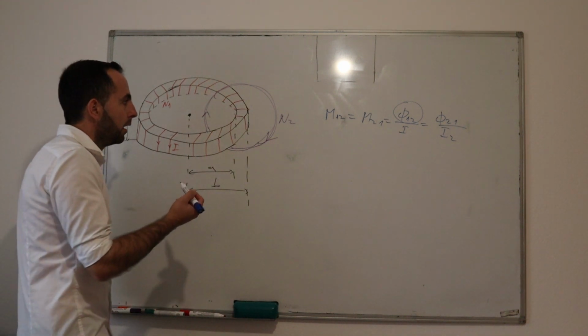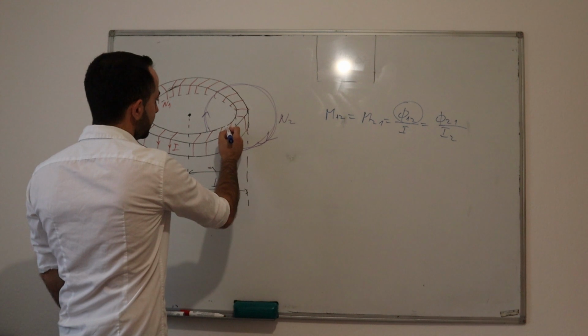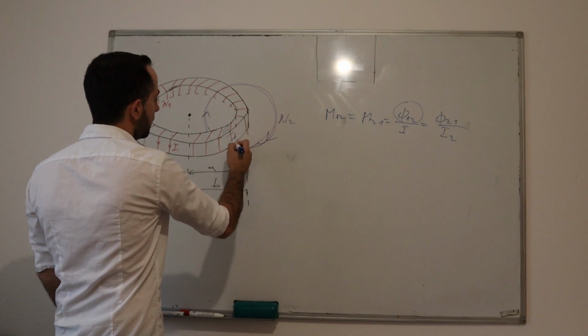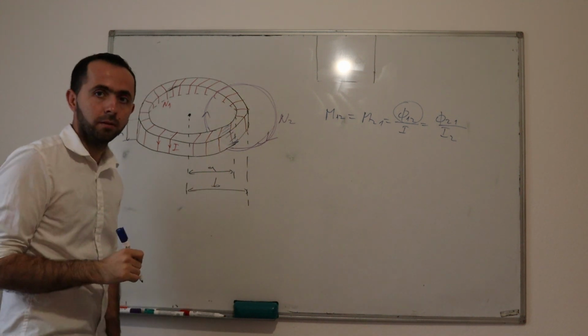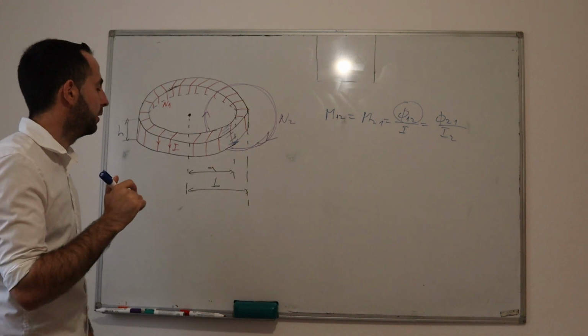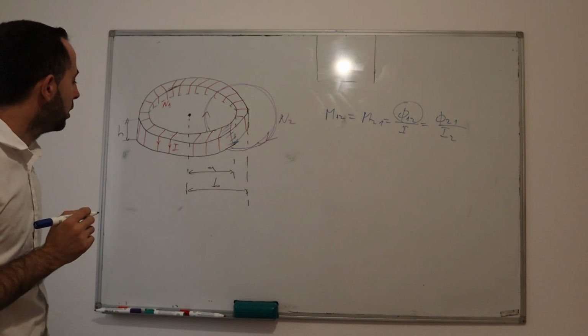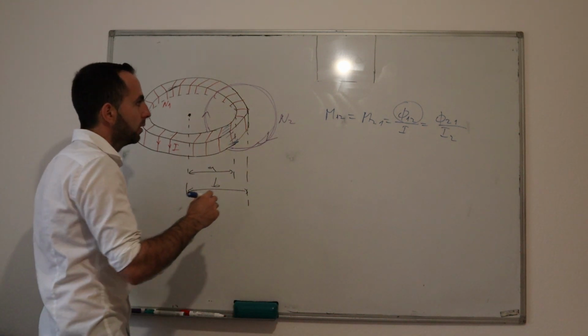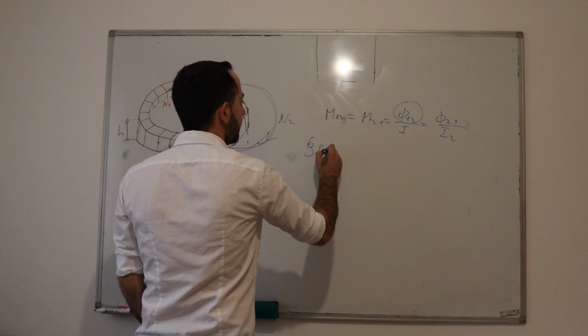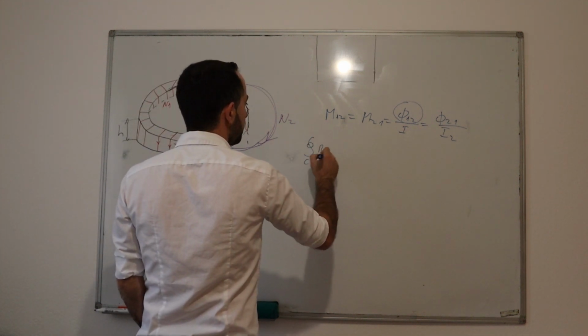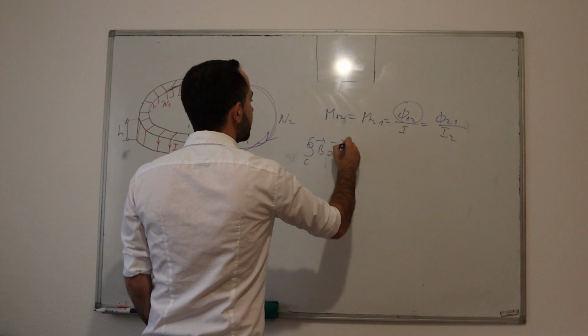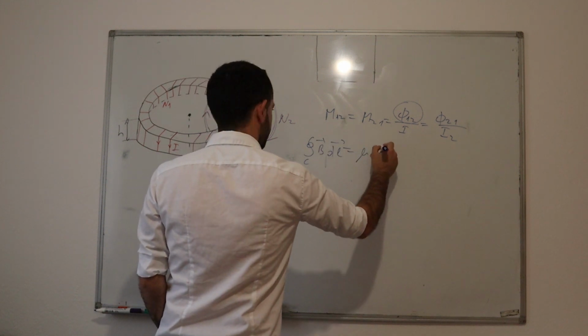Firstly, we will calculate the magnetic flux through the toroid. In order to do that, we first need to calculate our magnetic flux density inside the conductor using Ampere's law.